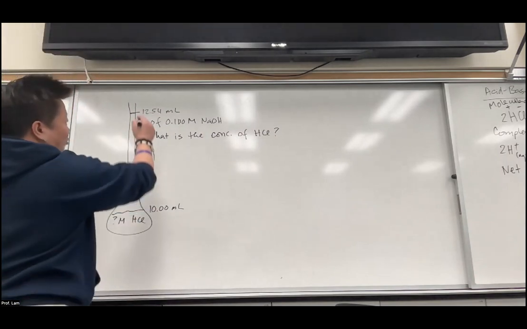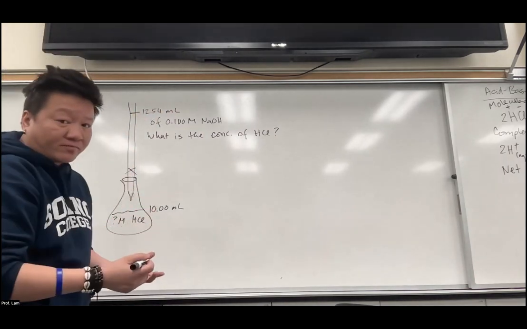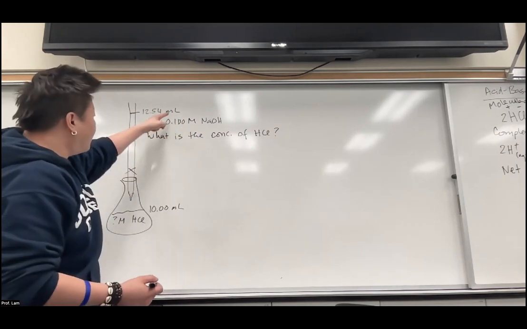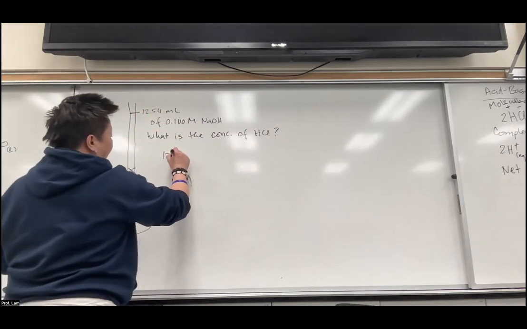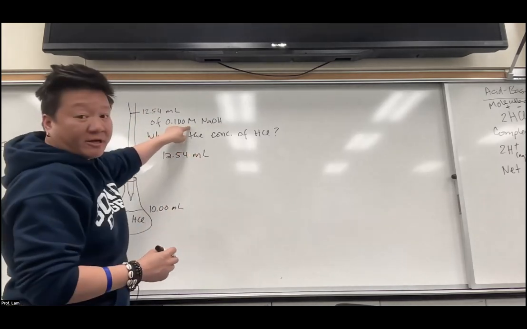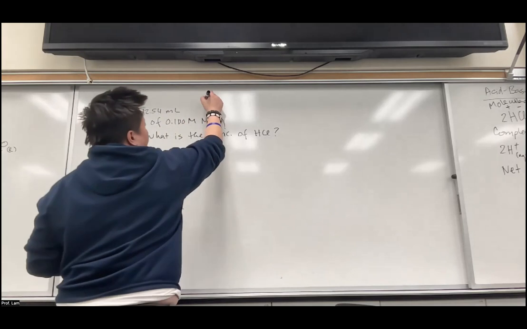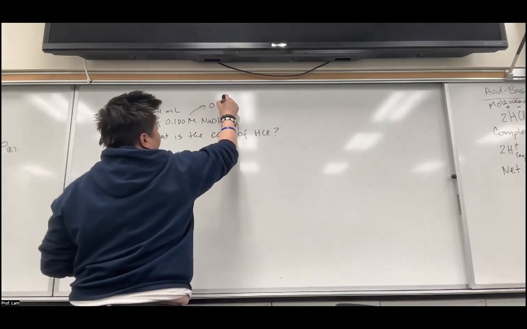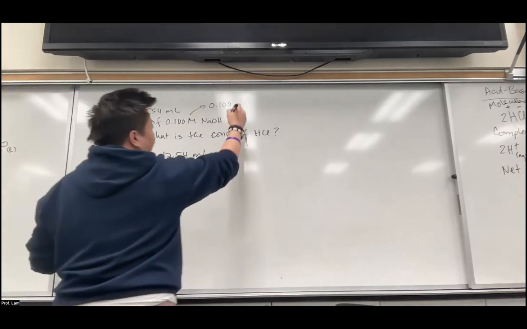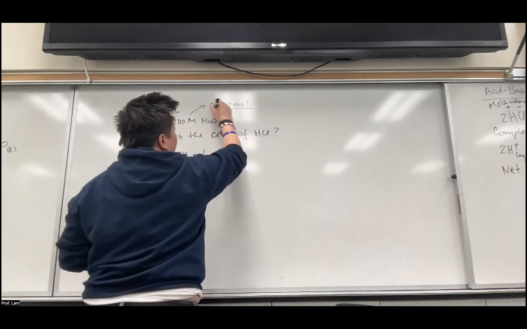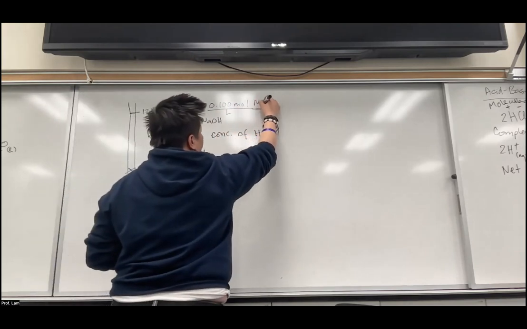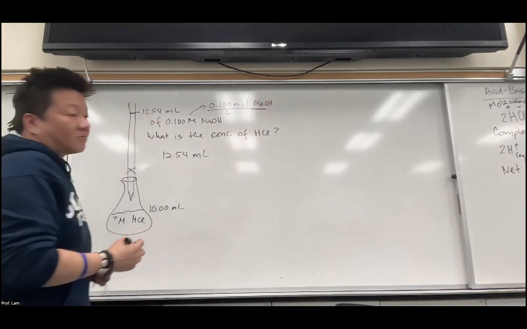Okay. And what you do is you start with the volume. Don't start with the molarity. Start with the volume. So 12.54 milliliters. But remember what molar is. Remember in the last lecture, I told you anytime you see big M, rewrite it as moles over liter. Moles of what? Sodium hydroxide. Okay.